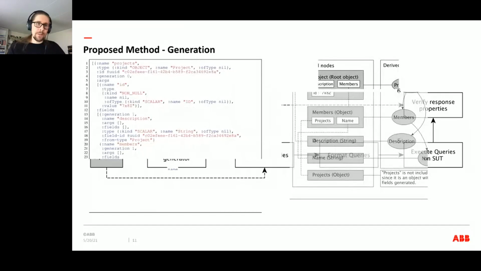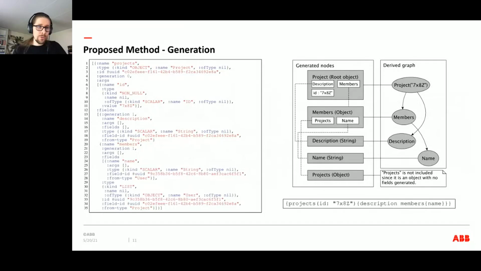To the left are the generated nodes, so lots of stuff there. But there's a graphical representation to the right, where in the generated nodes we have a project as the root object, where we can select another complex object as members here. And there are also fields with description and name.